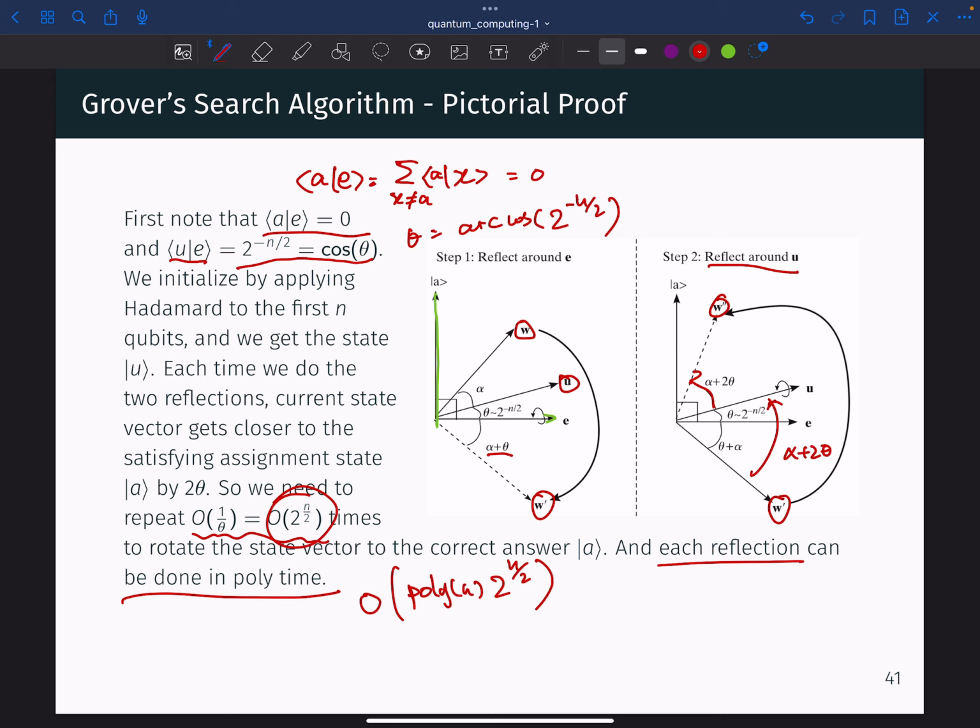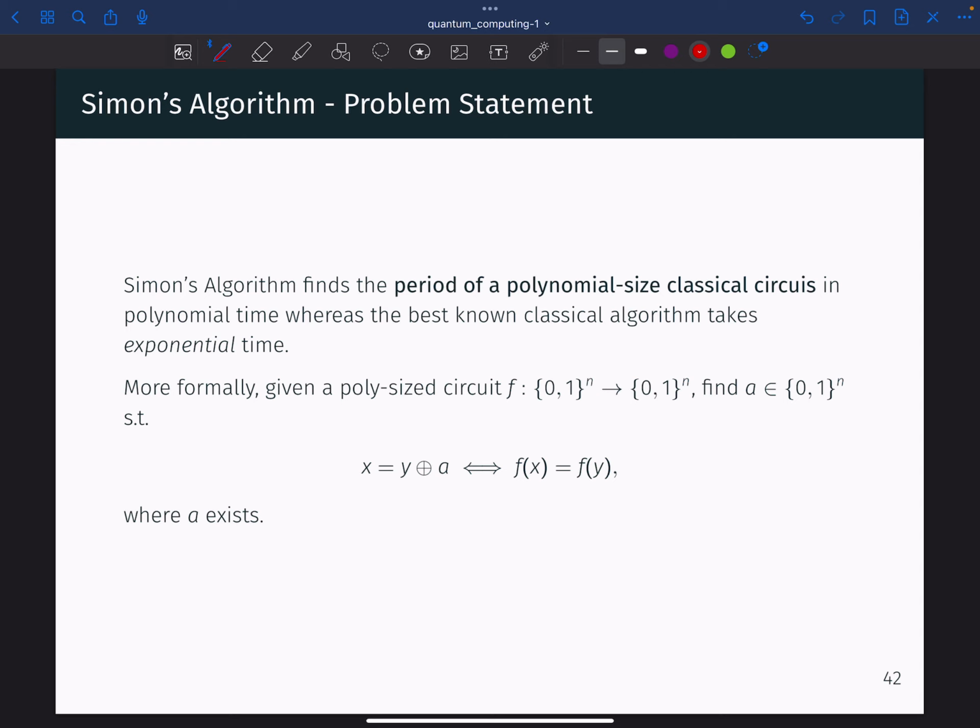So let's go into Simon's algorithm. Simon's algorithm finds a period of polynomial size circuits. So what do we mean by period? This is exactly the cycles of the function.